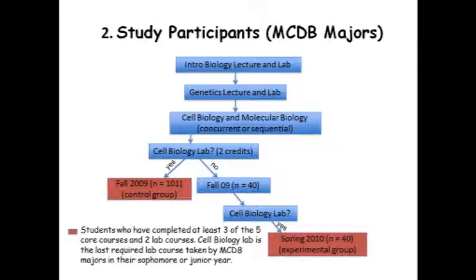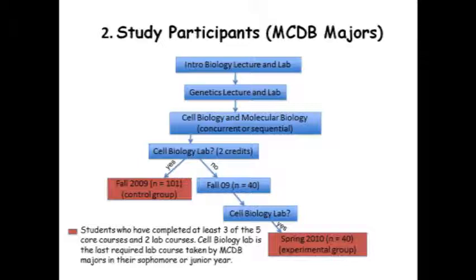So this group, guess what, serves as a negative control, right? If you think about it, we don't expect them to do differently from the ones that haven't taken the intervention cell lab. So this is the control, or negative control, for our study.